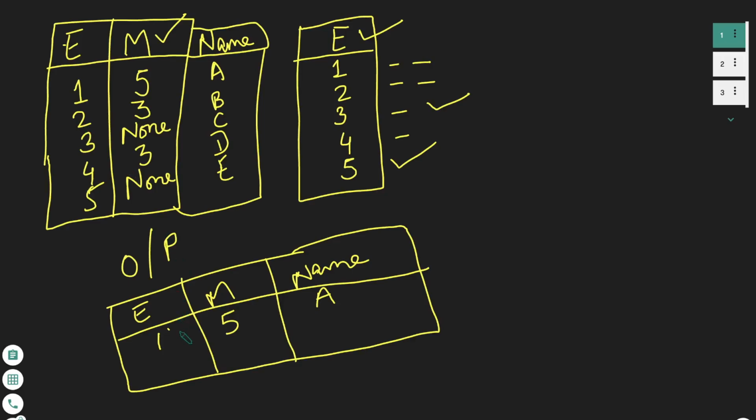So my output is 2, 3, and the name of 2 is B.